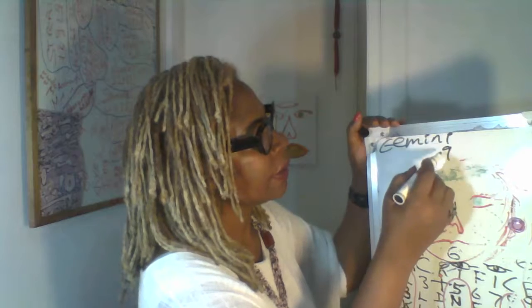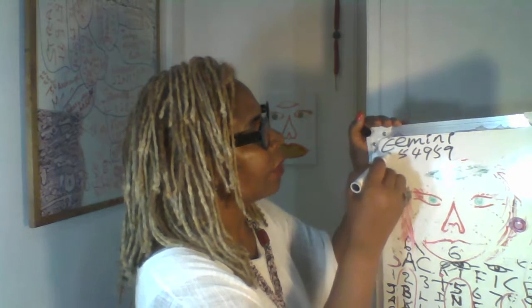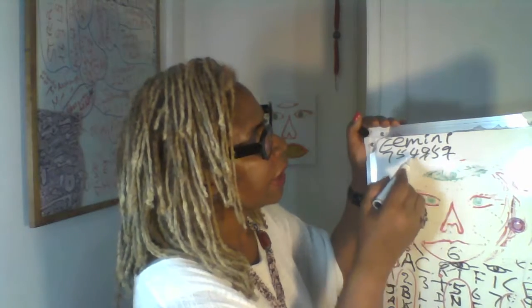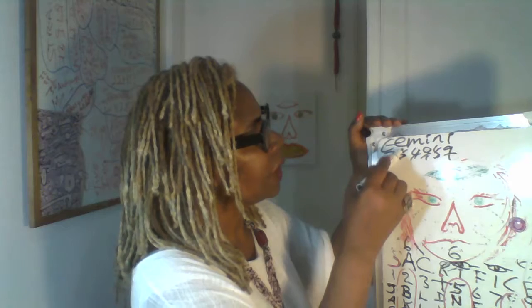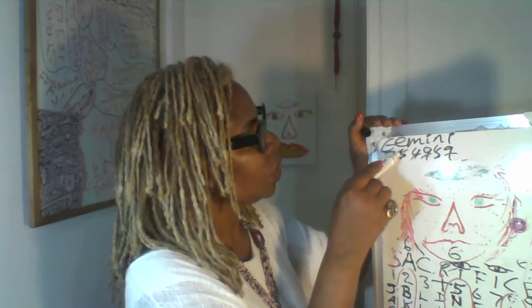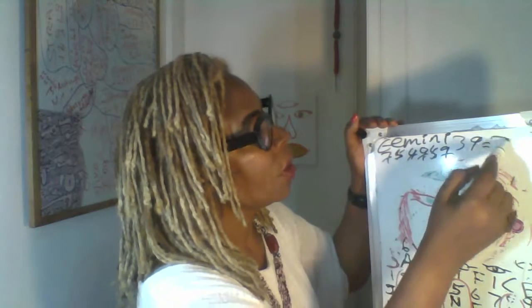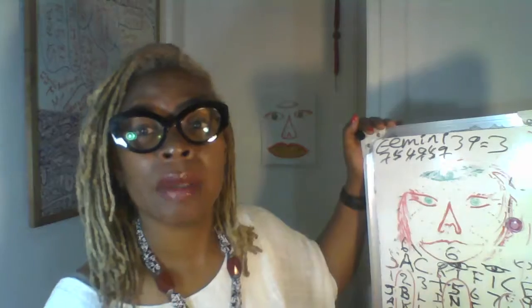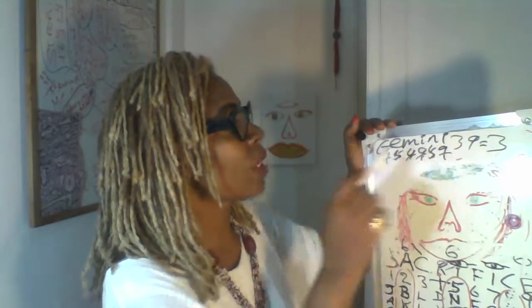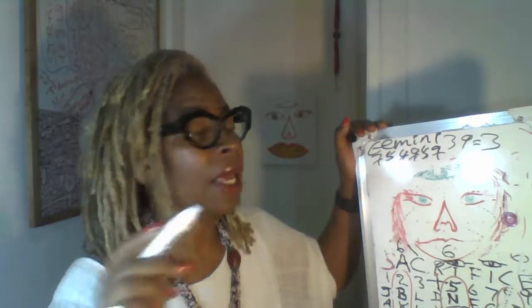If I get that 6 here, 5, 9, 4, 5, 7. 9, 9, 18, 19, 23, 27, 28, 29, 32, 39. That's correct. So that was 3. So I think I have made a mistake here. So it's 3 and not 6 because I added 6 instead of 3 for Gemini.